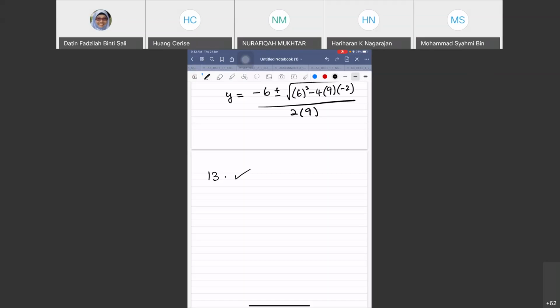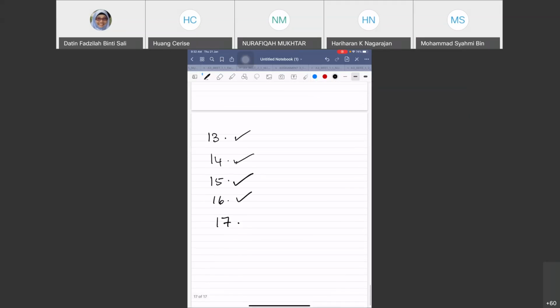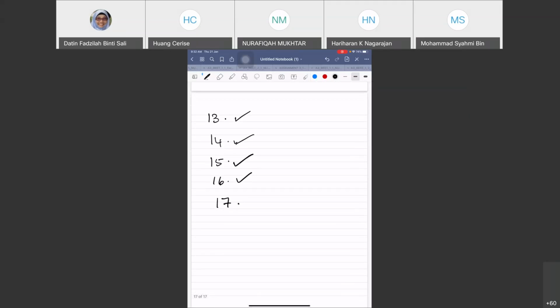Okay, 14, cross product. I think 14, 15, 16 should be okay, because this time we look at finding area. 17, we are looking at 17 now. Basically 14, 15, 16, 17 are all cross products.